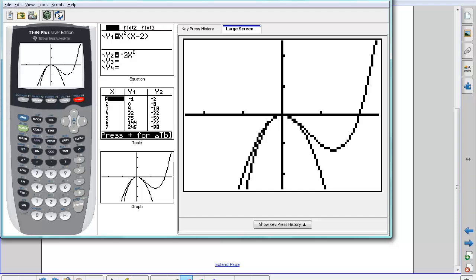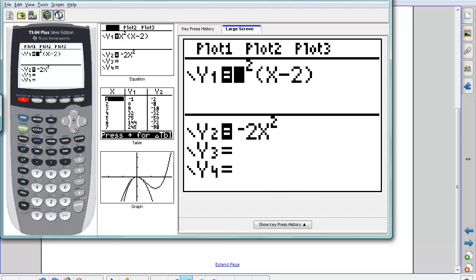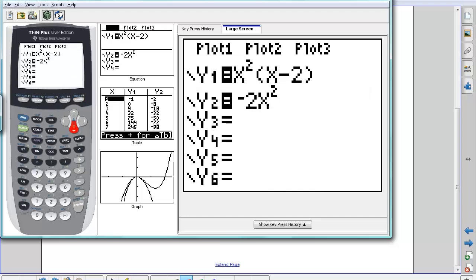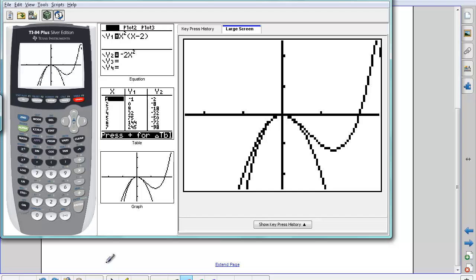And I can actually do a little bit better too. If I look at the graph 4x minus 8, notice what that 4x minus 8 does. It lines up almost identically with the other x-intercept.